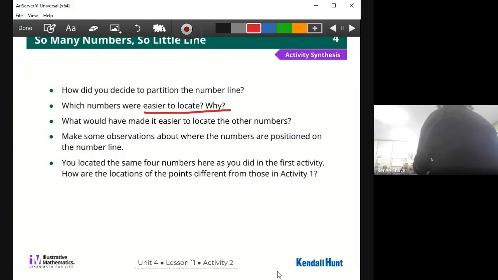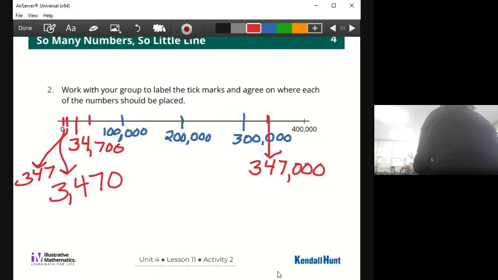Okay. Make some observations about where the numbers are positioned on the number line. So raise your hand. What do you notice about where the numbers are located? Are they closer to 0? Are they closer to 400,000? What do you notice?